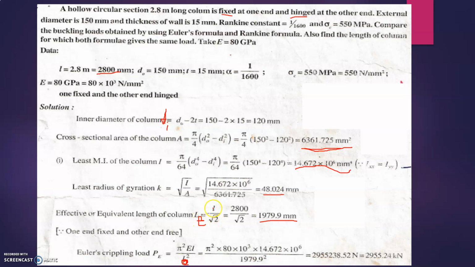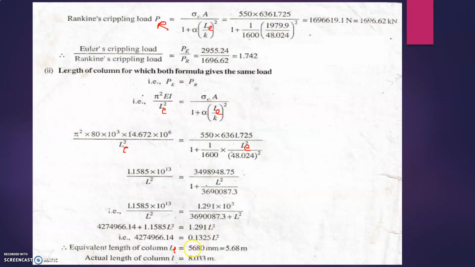So the actual length L is equal to LE into root 2, that is 5.68 into root 2. That gives the actual length, equal to 8.033 meter. So like this you can calculate the effective length of the column, and then find the actual length of the column.